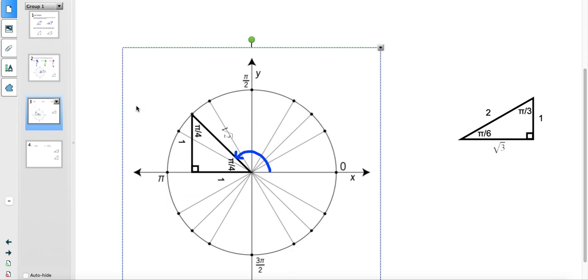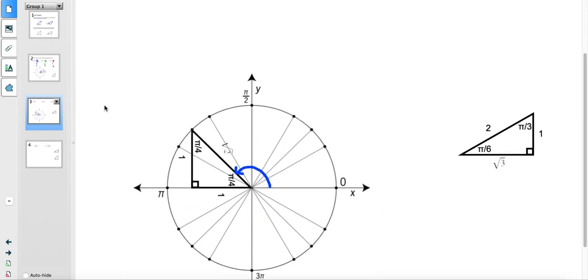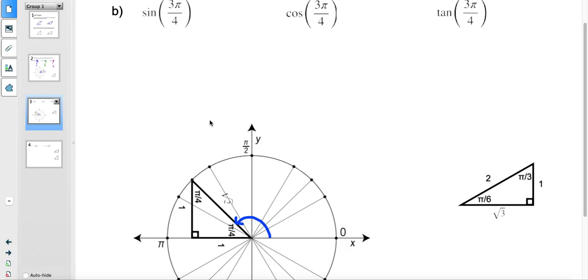So I can now use my special triangle to find the sine, cosine, and tan of my angle. And it can be helpful to label your sides, right? Label your x value, label your y value, and label your radius r.